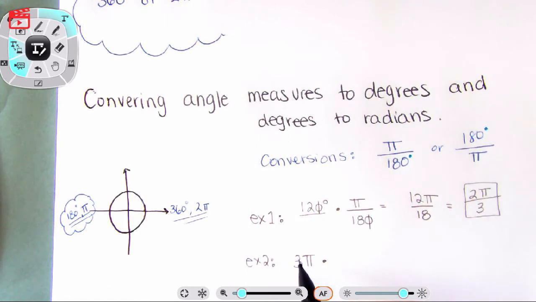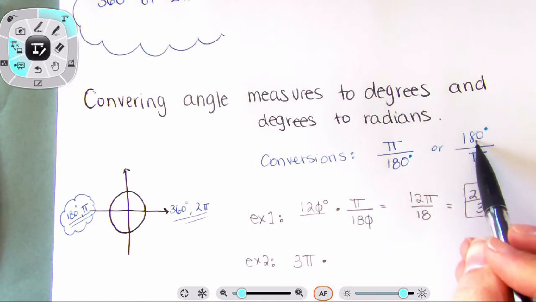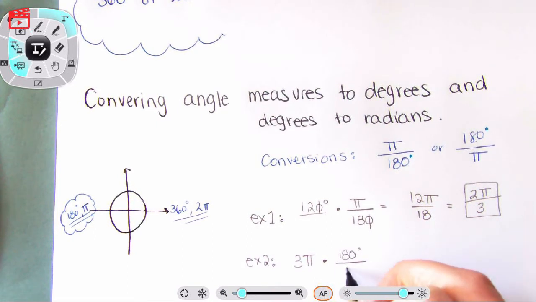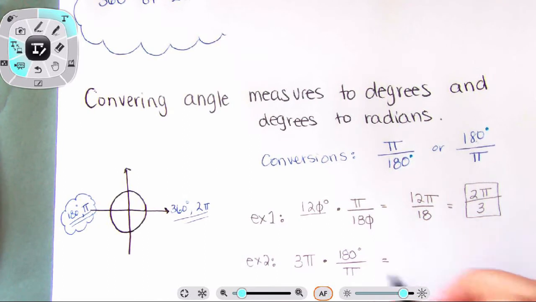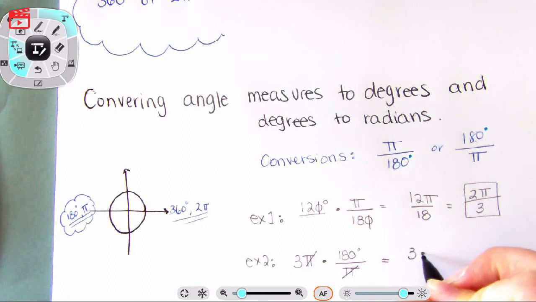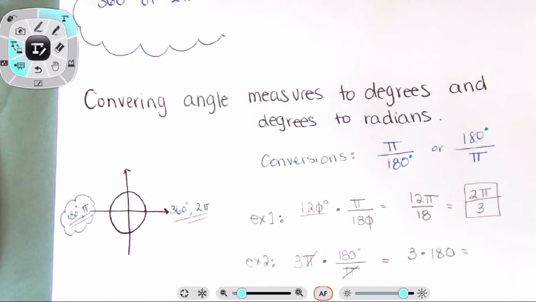So if I have radians and I want degrees, I'm going to choose the one with the degrees on top. So 180 degrees divided by pi. So the pi's cancel out. So I have 3 times 180 now. And 3 times 180, I don't know, but I know that 3 times 18 is 54. So I have 540 degrees.